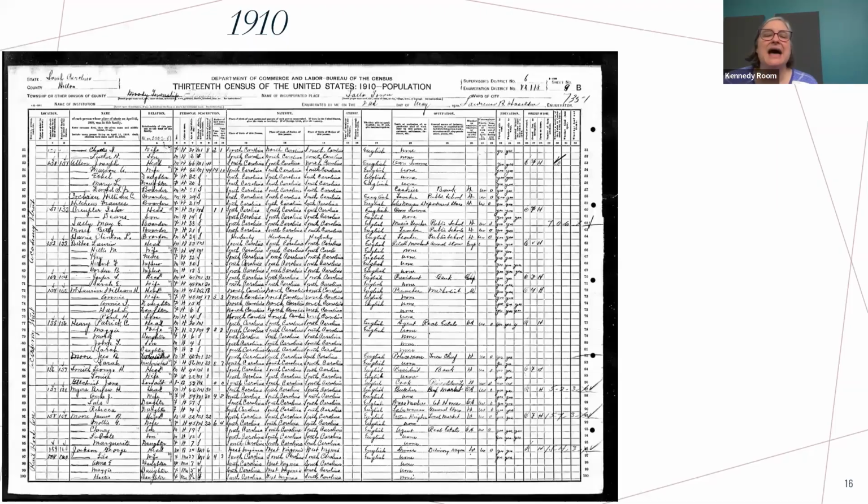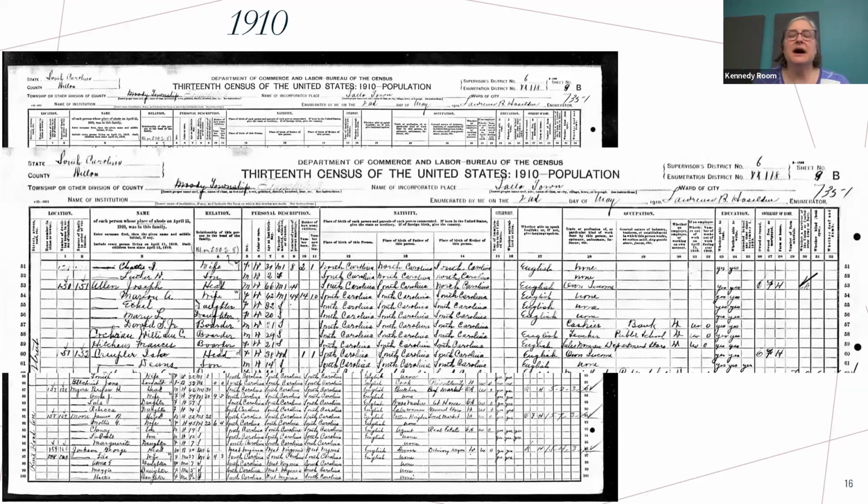In 1910, it was similar questions. Again, the road is usually written sideways in that left-hand column if it is a named road. The house number, if there was one, household number visited, family number visited, the name of each person living at this residence as of April.